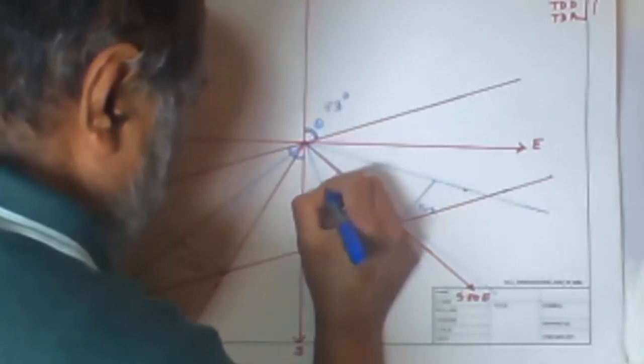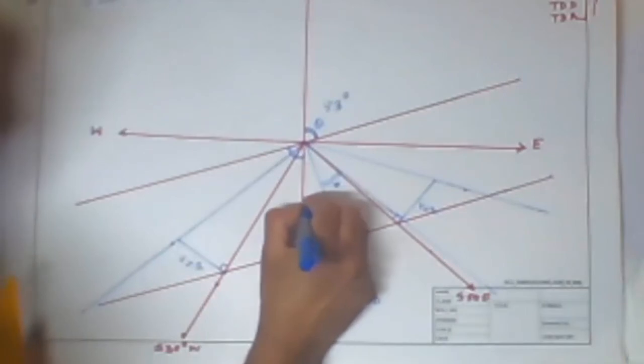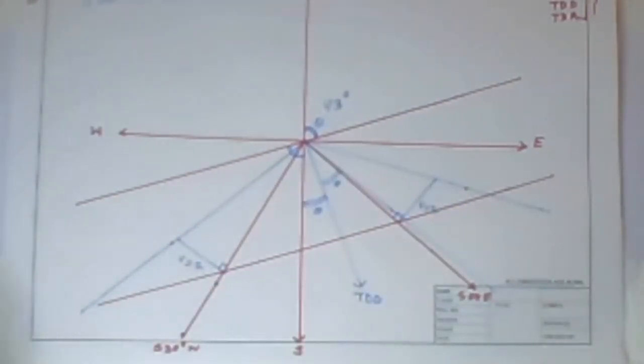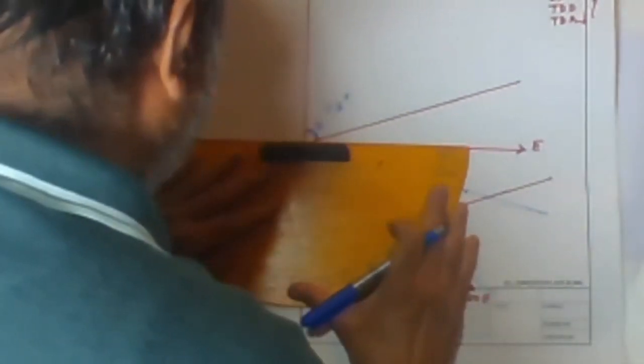Now this is your answer, and this is your answer we have to find out. With the protractor, keep it in the center. Now, it is not coming on the line. The protractor is very big, so the line has to be extended down.